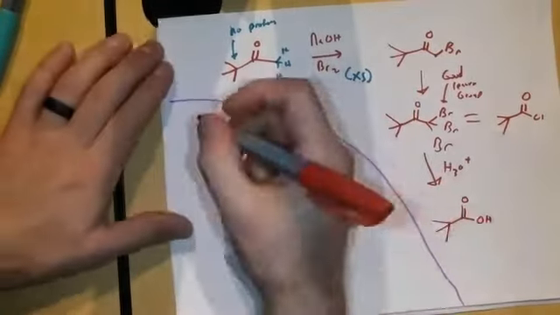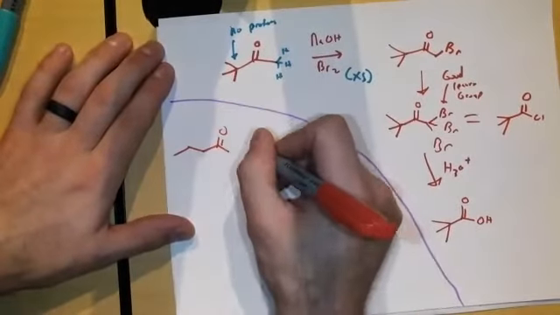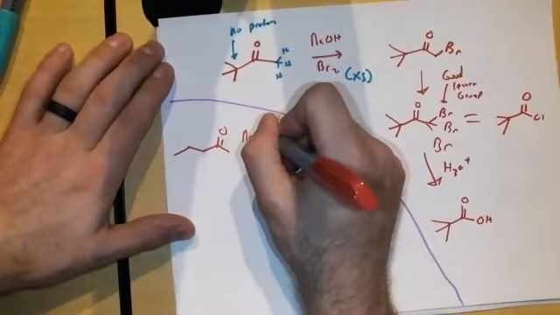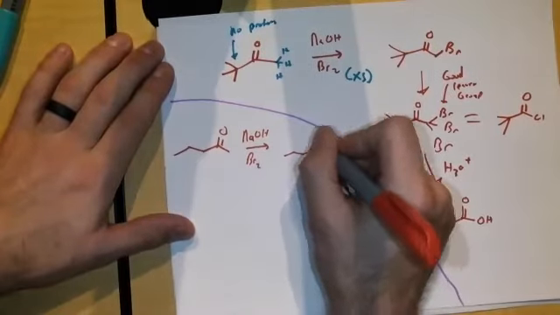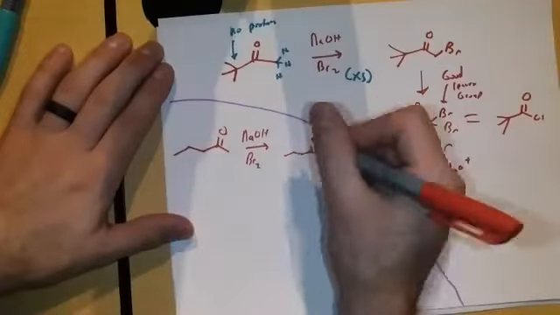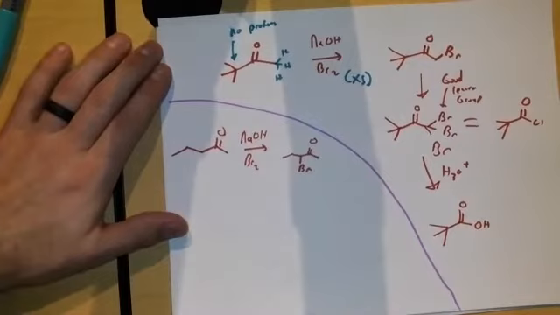So as a review, if I just have a long chain, if I throw in NaOH, Br2, I have a primary and secondary position, it'll be selective for the secondary. Just going to bring it over here like normal.